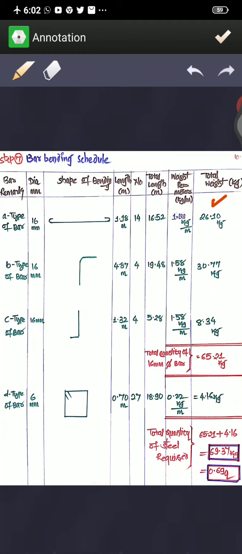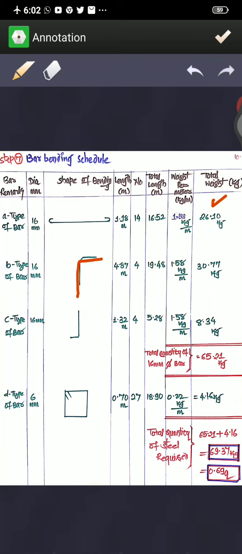As I said, these are vertical bars from roof slab which is coming to the base. The height is 4.87 meter, 4 numbers of bars. If you multiply 4.87 into 4, you will be getting 19.48 meters. That you multiply with 1.58 kg per meter, so you will be getting 30.77 kgs.